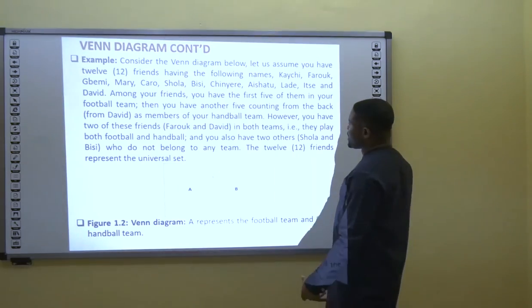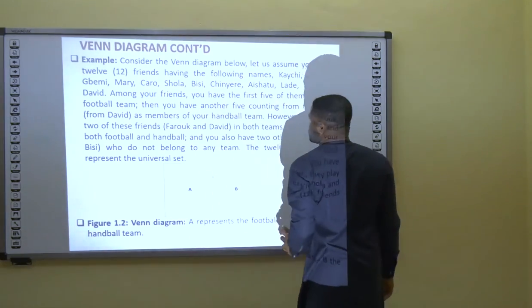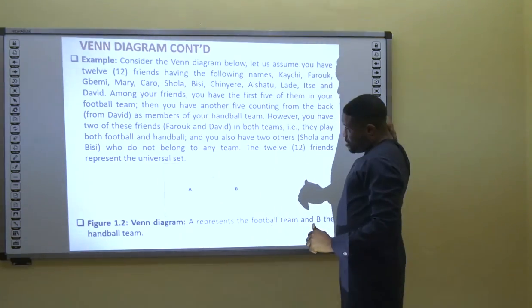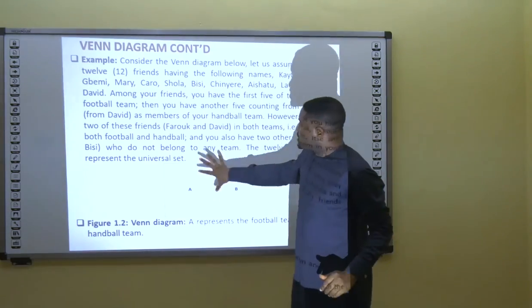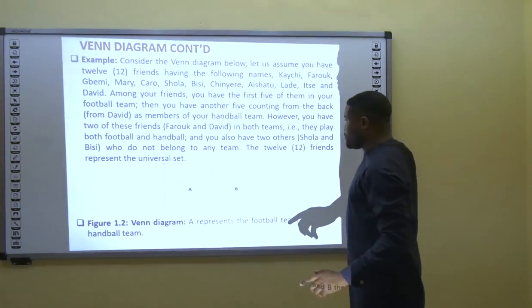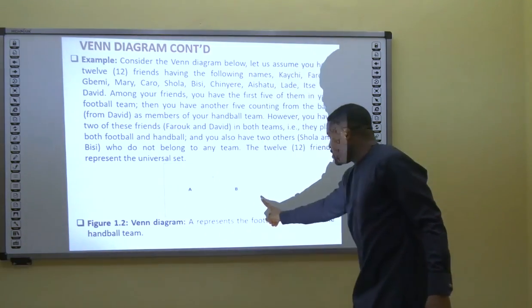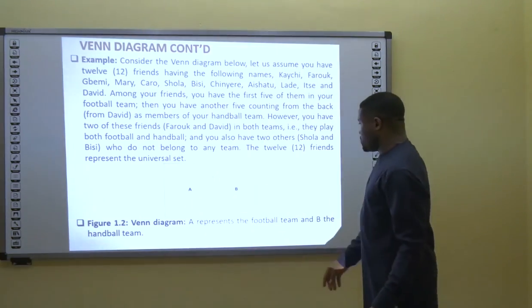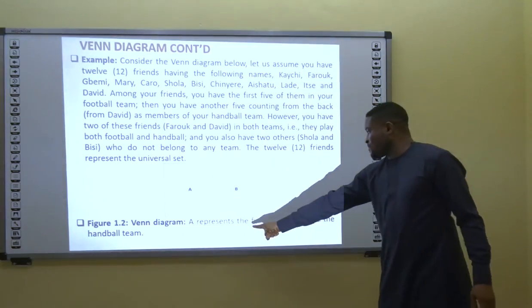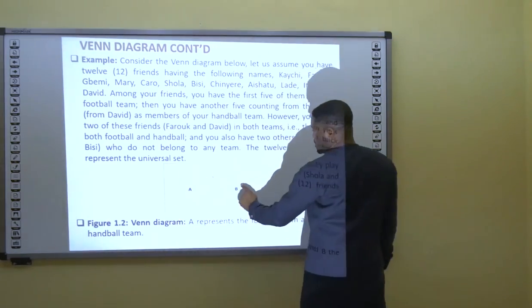So when we look at a union between the two teams, we can have a union where the graph is representing everybody from the football team and also everybody from the handball team. That's what is represented by figure 1.2 here, which is a Venn diagram. A represents the football team and B represents the handball team.